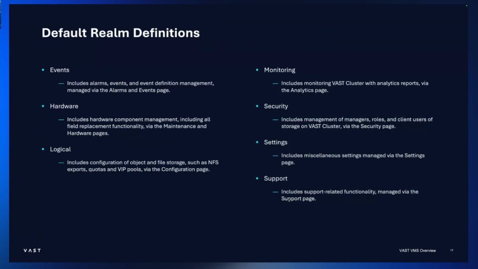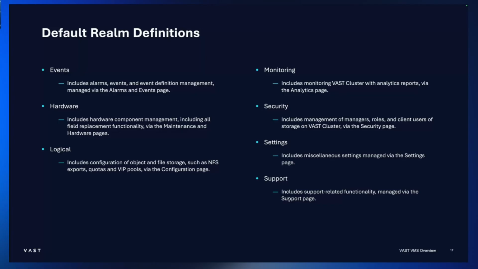Now, within these realms here, let's talk about what these different realms are very briefly. These realms are broken up into events, hardware, logical, monitoring, security, settings, and support. Each one of those covers a pretty broad area. So typically, you're going to need parts from multiple realms to accomplish what you want.